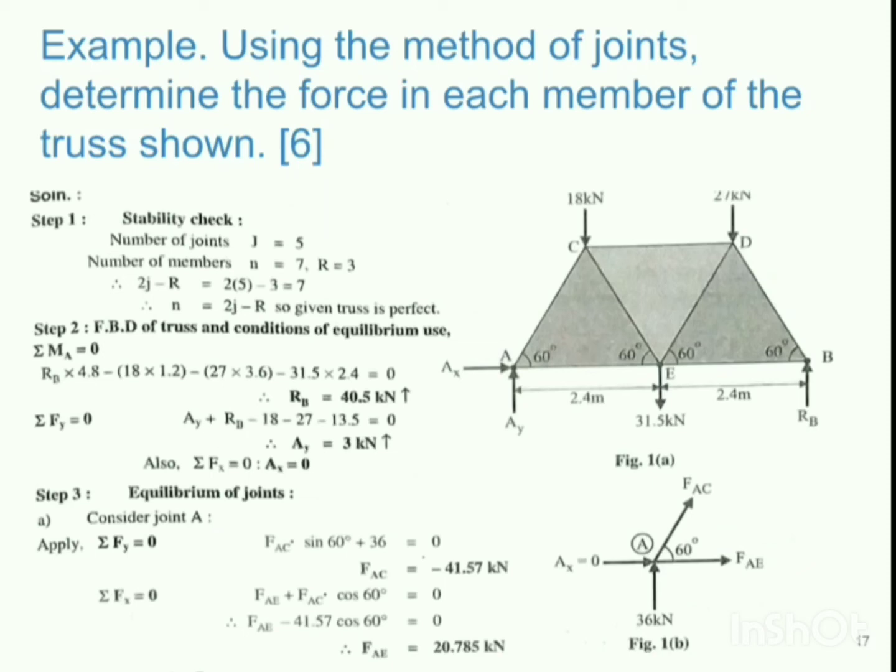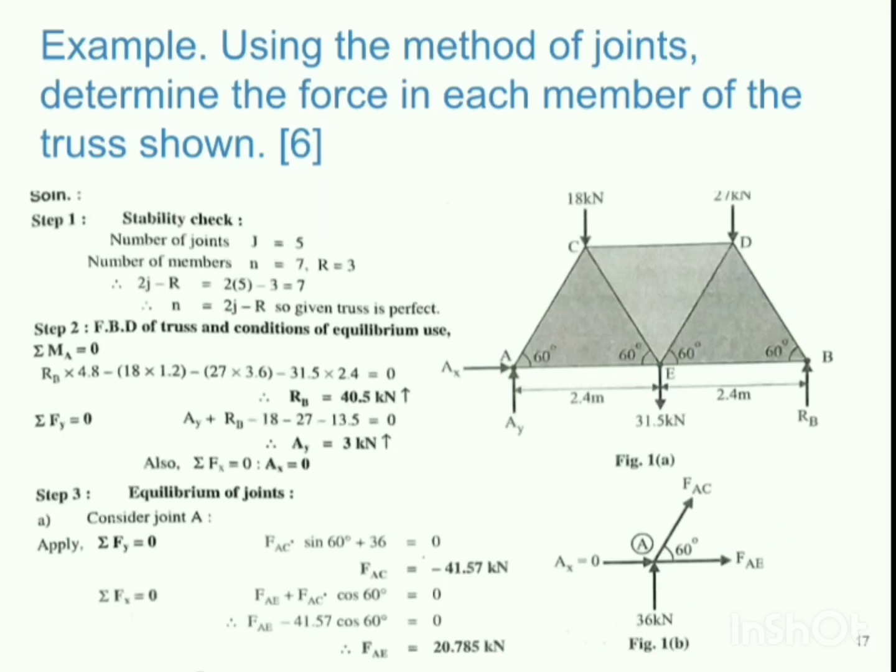Now, it depends on you whether you start from the left end or from the right end. That is, in this case, you can isolate joint A first or you can isolate joint B first. Both ways are correct. But after that, we need to make sure that whichever joint we are isolating, it should not have more than two unknown member forces.